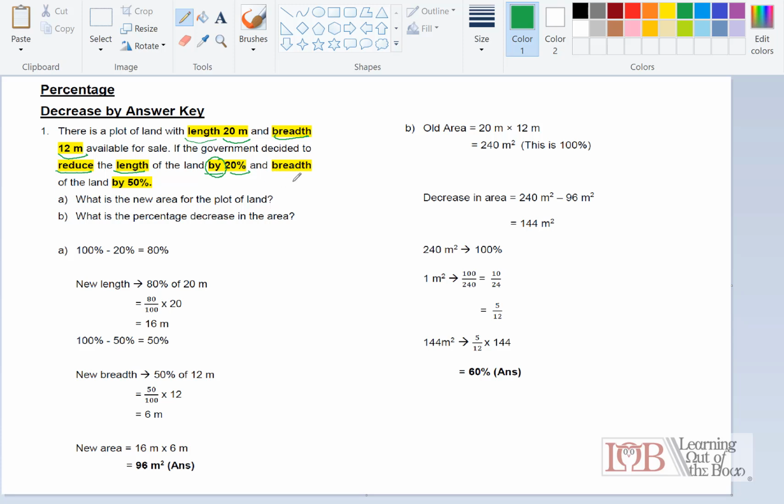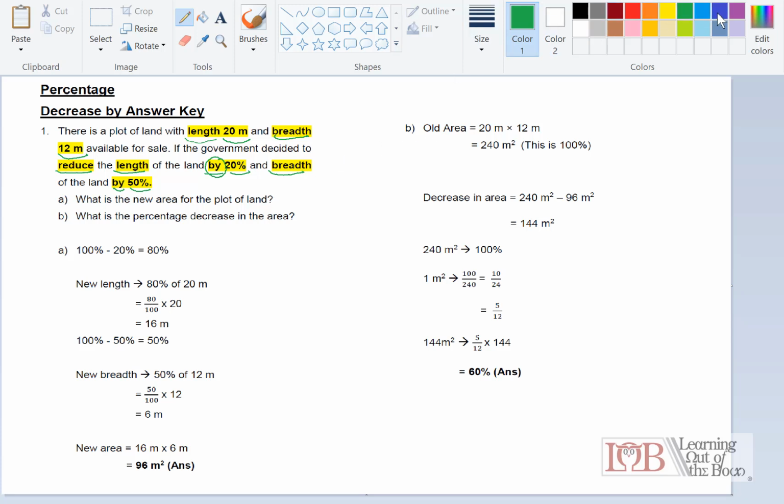Reduced to 20% means that the final percentage is 20%. So in this case, it's cut away 20%. And again, reduce the breadth by 50%. That means you cut half, because 50% is 50 over 100, which is half. So what is the new area for the plot of land?